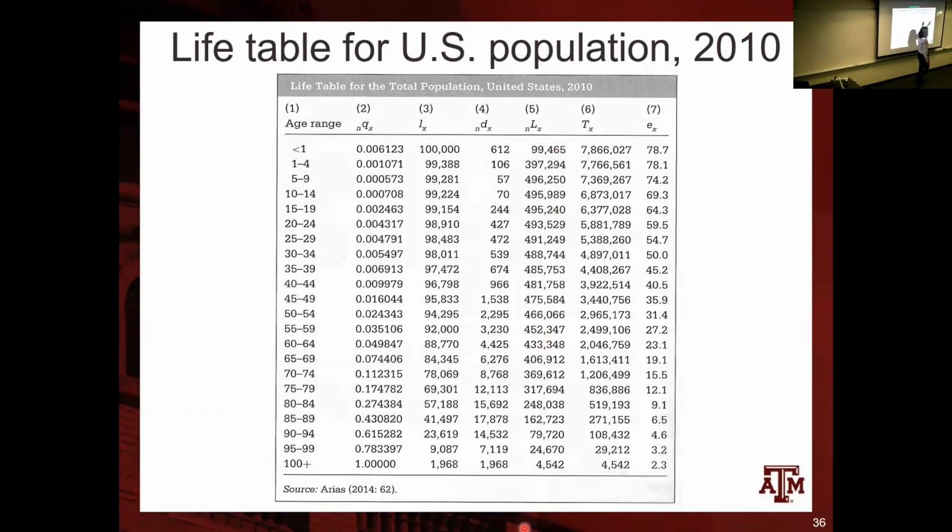So what does this Tx mean? Let's say that we went to a population, this classroom here, and we calculate how many person-years we all live. So here we have 3, 6, 9, 12 people, including me.